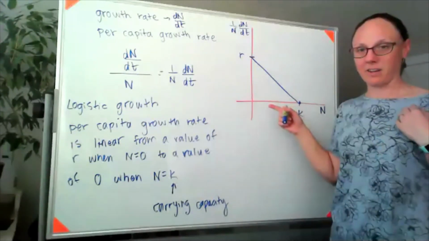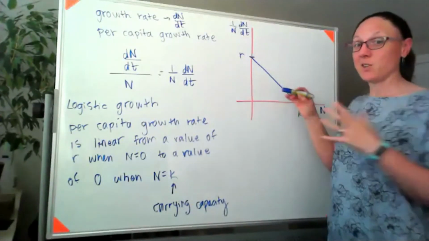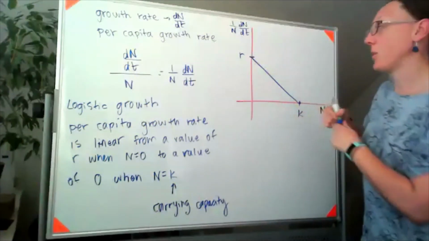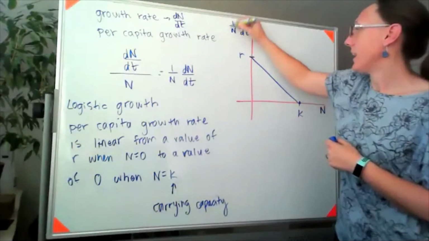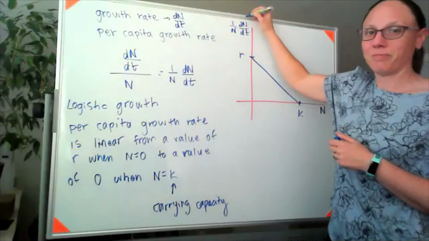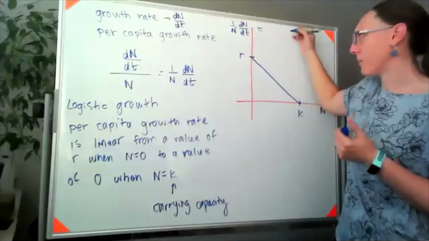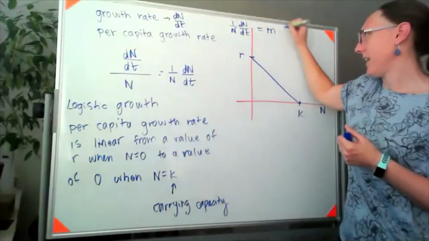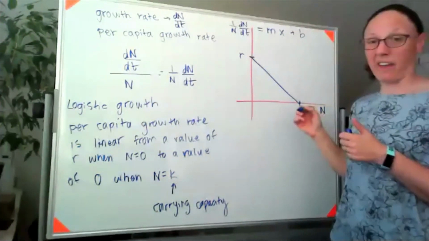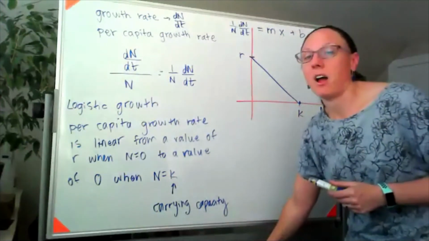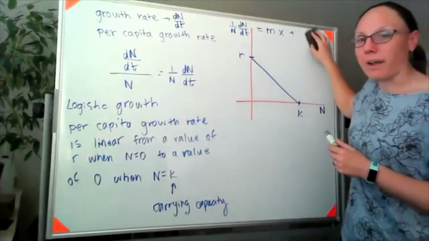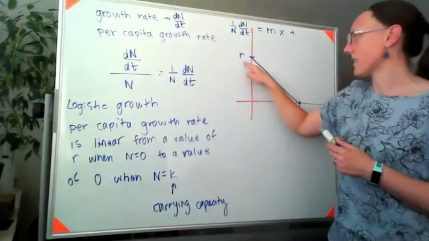Well, we know how to find the equation of a line. So if I write the equation of that line, here's my y value. And if I think about this as like an mx plus b kind of thing, that b is my y-intercept, which in this case is r.